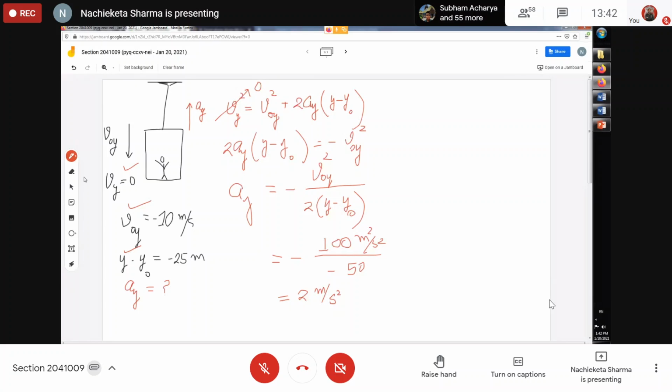Now I have to find out the tension. So I must draw a free body diagram for the elevator, because I have to find out the tension.